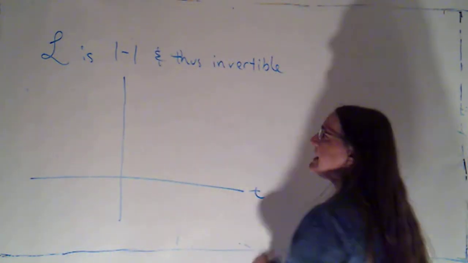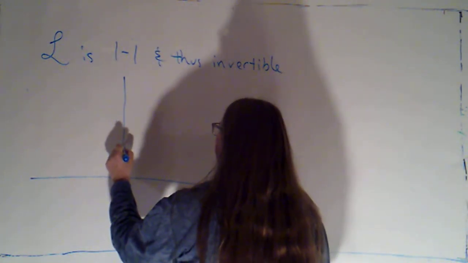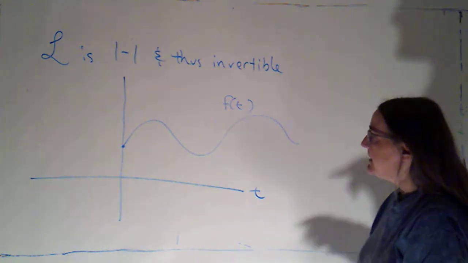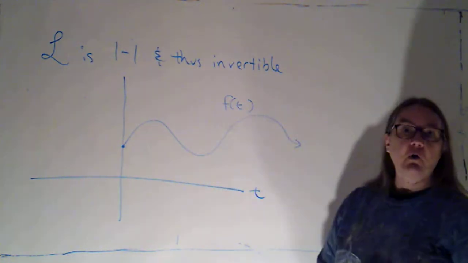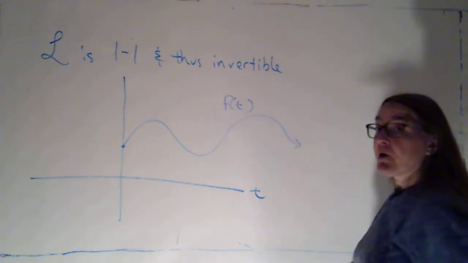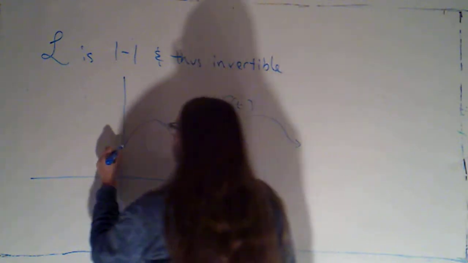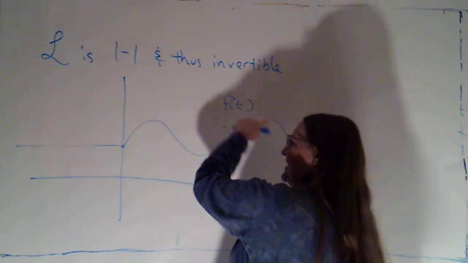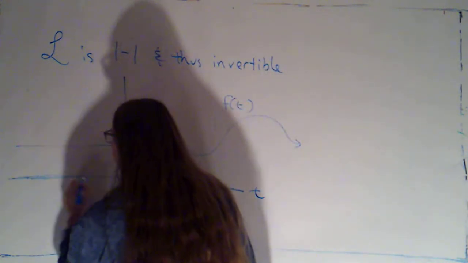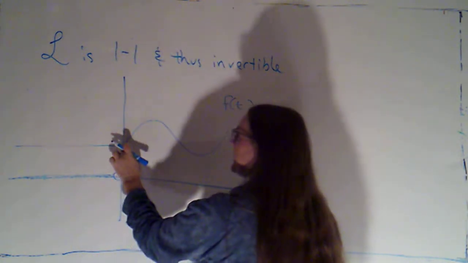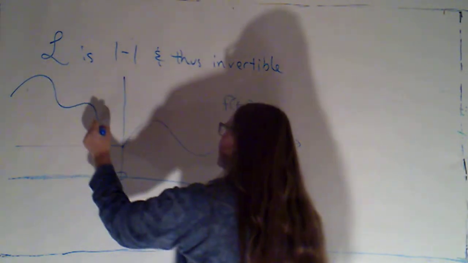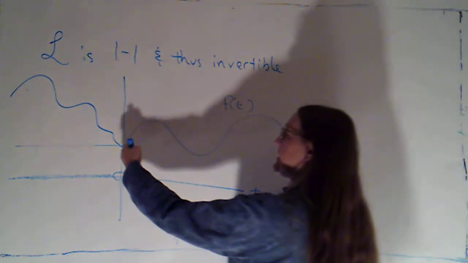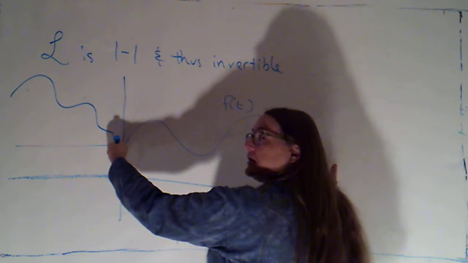So if this is my t-axis, and I have some function here, where this is f of t from 0 going off towards infinity, for the purposes of Laplace transforms, this function, which is just constant until we hit 0 and then behaves like f of t, is the same as this function, which would be constant at 0 until we hit 0 and then jumps up to here, is the same as this function, which kind of curves down to this point and then continues on, because the Laplace transform only considers the behavior from 0 to infinity.